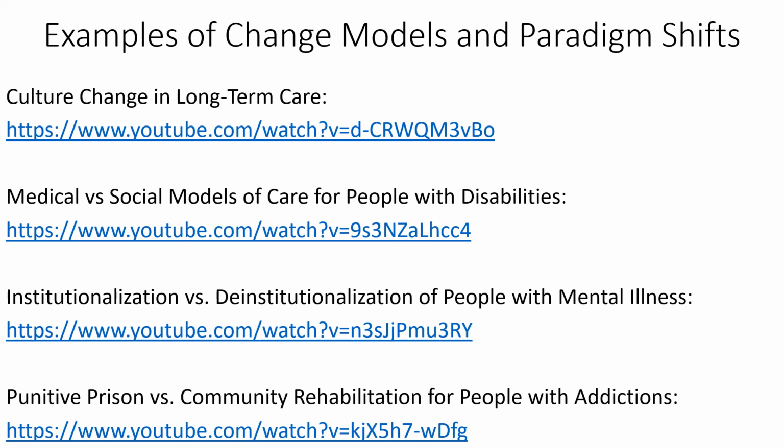Now on Canvas, there are also some examples of things. I don't have them on the slide here, but if you look on Canvas, there's some examples that you can get more information on, for example, regarding Head Start programs.